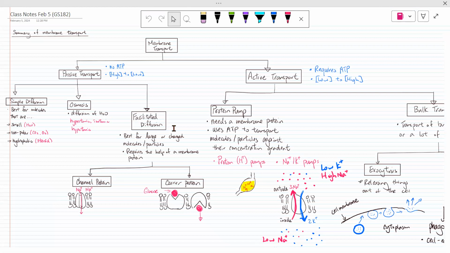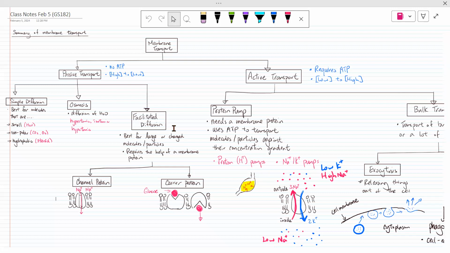For example, a couple of things I can ask you. Which of the following is an example of passive transport? Then I can give you exocytosis, protein pump, carrier protein, and you have to pick out from the list which one belongs to passive and which one belongs to active.